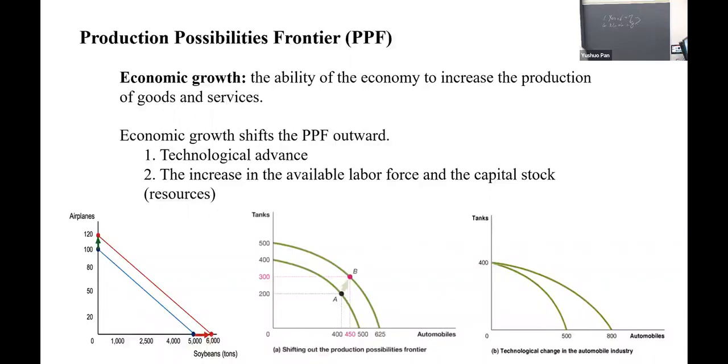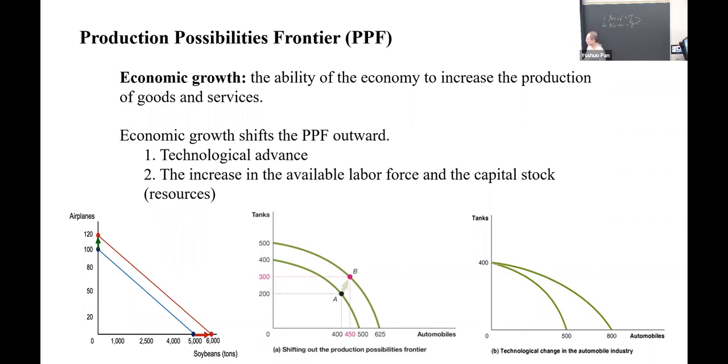But for the third picture, if I give you more resources, you should improve both, not just one side, right? So the only reason you see the third graph is technological advance, but it only improved one side, not the other.